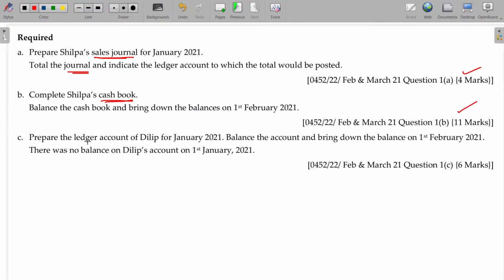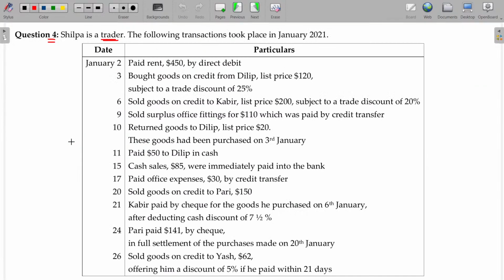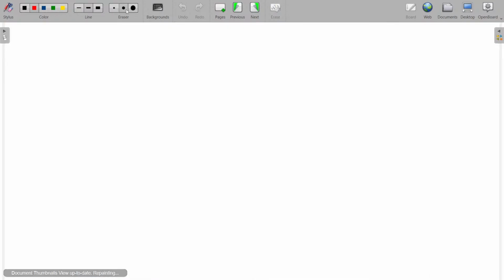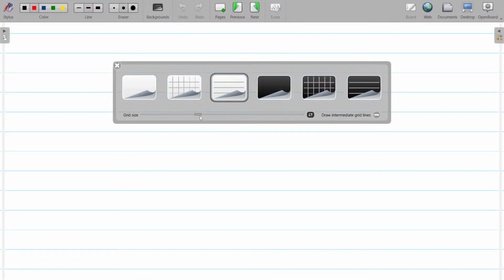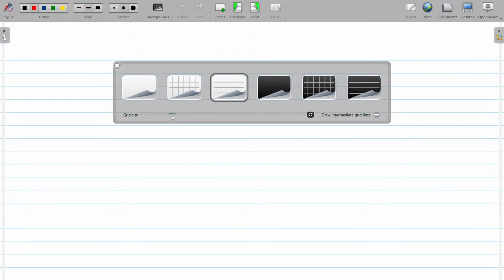And the last one being prepare the ledger account of Dilip. You have to prepare only the Dilip account, and Dilip has no balance in the beginning. Okay, so you have to prepare all these things. Right. Sales journal, cash book and Dilip account. So I am going to prepare all these ledgers parallelly for your better understanding. I may prepare the format beforehand.